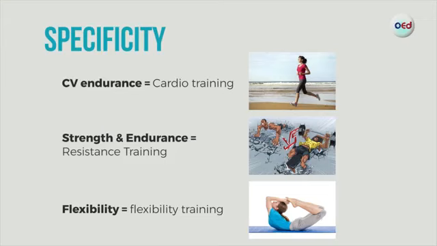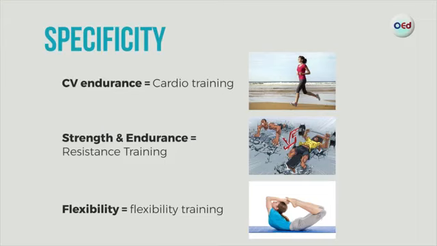Being specific in choosing the right exercise can also be a measure or a gauge for you to see your areas of strengths and weaknesses in your training program. Simply put, specificity is like this. If you want to develop your cardiorespiratory endurance, perform cardiorespiratory activities like running, biking, or walking.